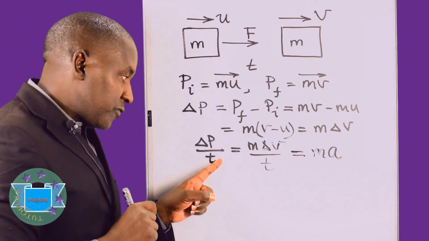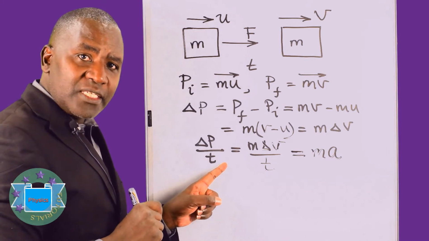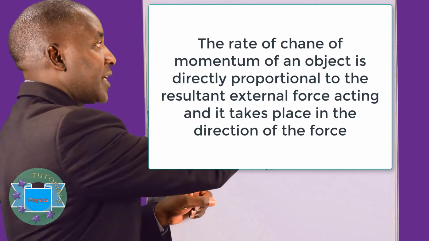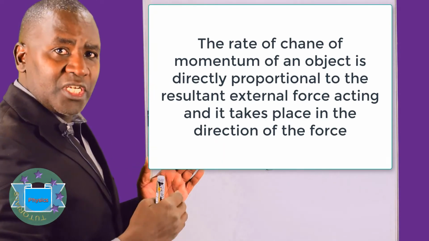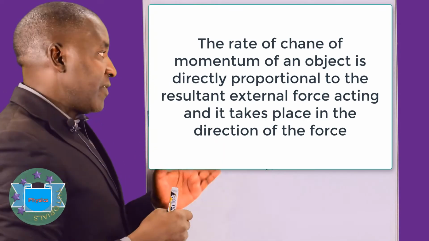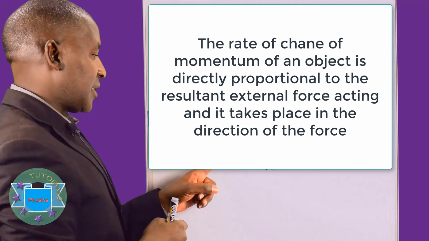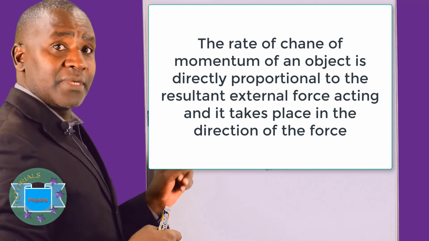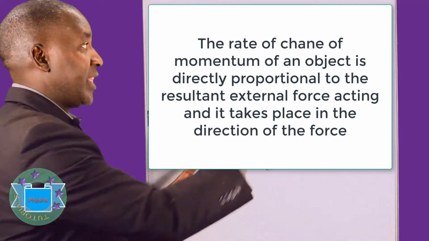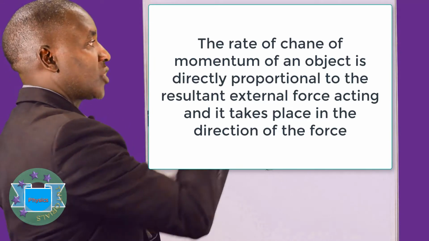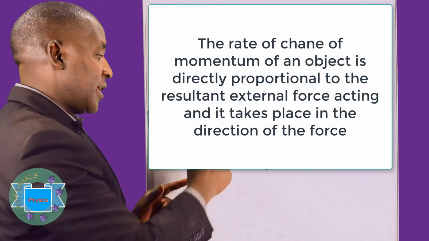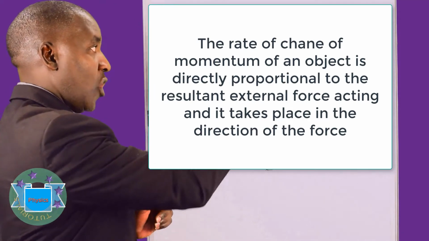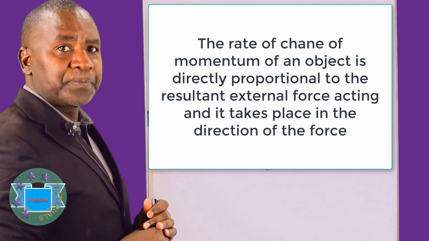And that rate of change of momentum is in the direction of that resultant force. I'm going to repeat that because it is so important. The rate of change of momentum of the object is directly proportional to the resultant external force acting on that object, and it takes place in the direction of the force.